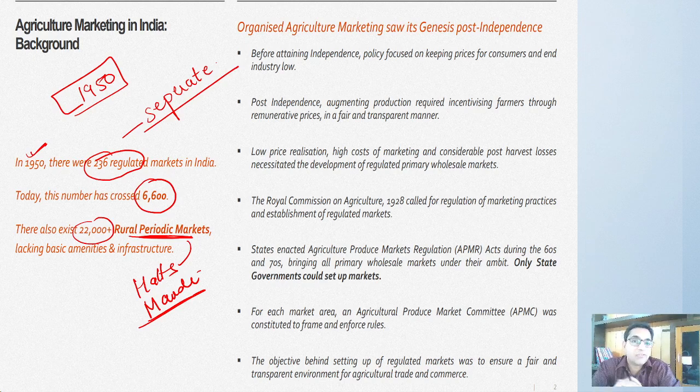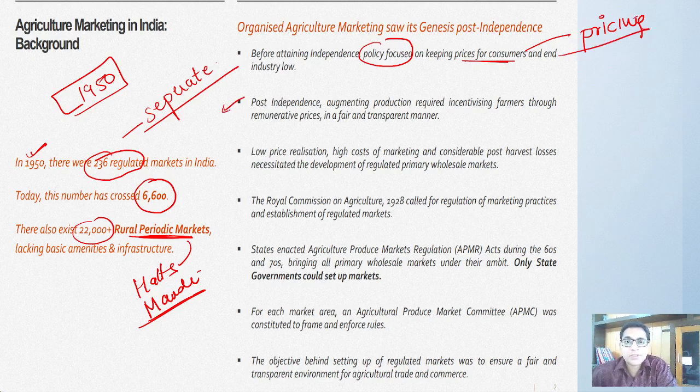Okay, so before we attained independence, the policy was focused on keeping prices for consumers and end industry low. That means the focus was on keeping the pricing low.